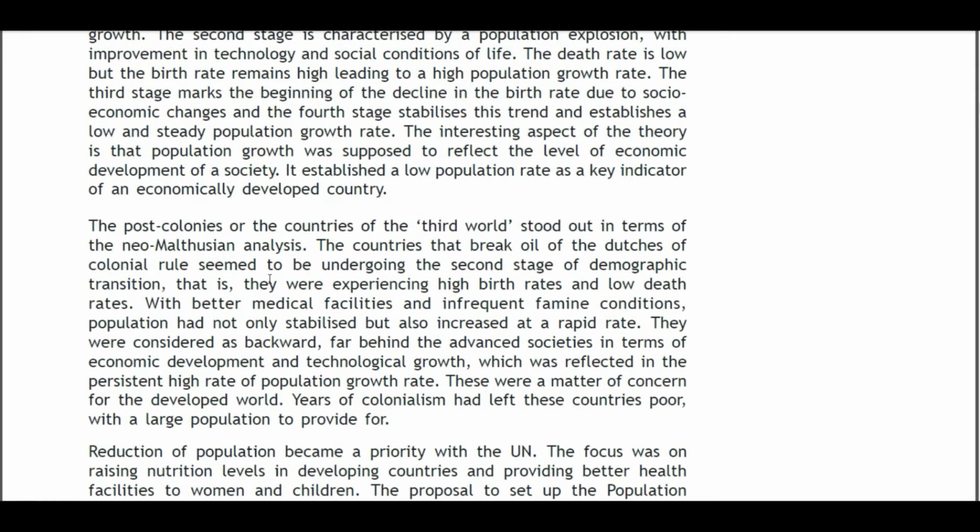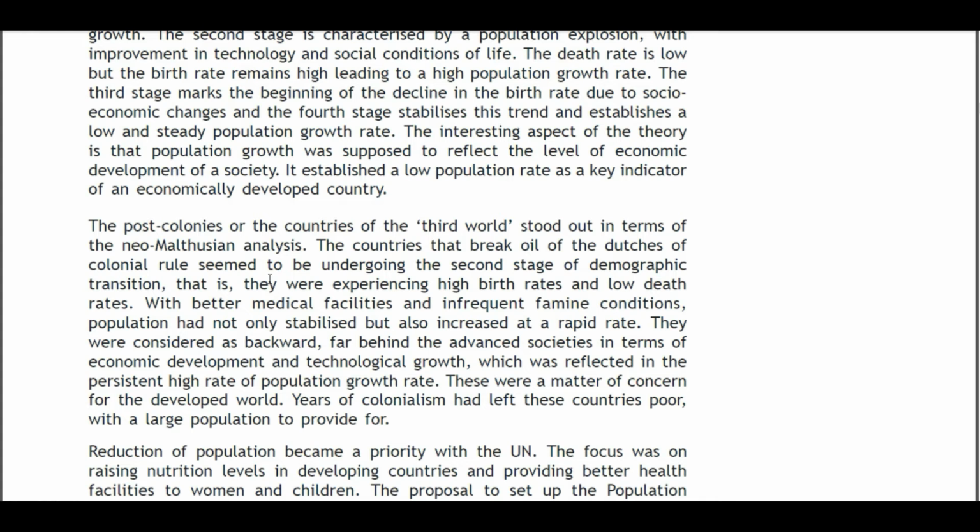The post-colonies of the Third World stood out in terms of the Neo-Malthusian analysis. The countries that had thrown off the yoke of colonial rule seemed to be undergoing the second stage of demographic transition. That is, they were experiencing high birth rates and low death rates, with better medical facilities and infrequent famine conditions.